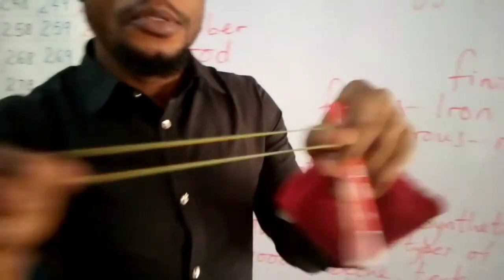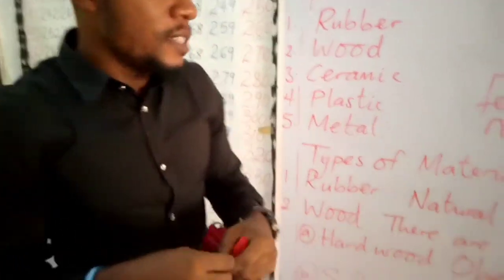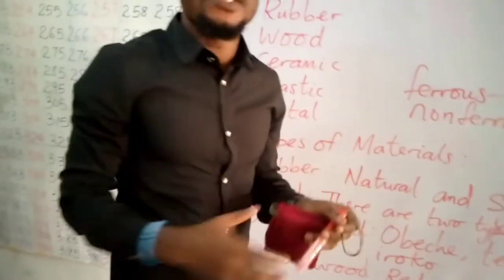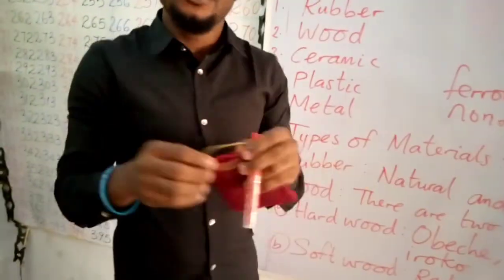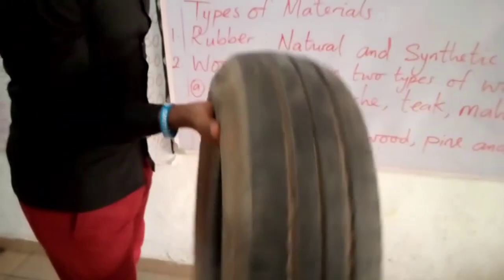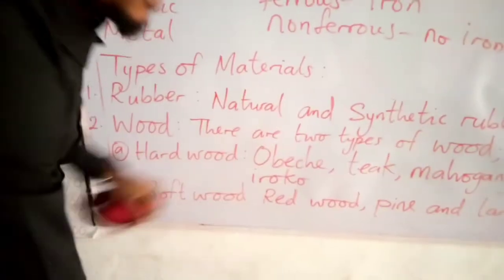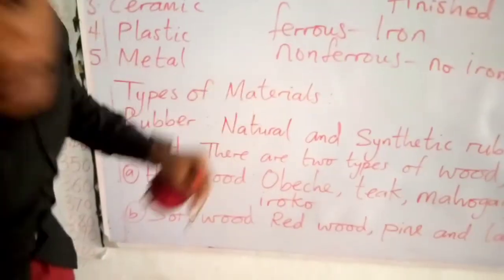Natural rubbers are used to produce things like this. Your synthetic rubbers are a little bit harder than the natural rubber. You find it in, I told you, your dad's car tire. These are synthetic rubber, very hard, unlike the natural rubber.